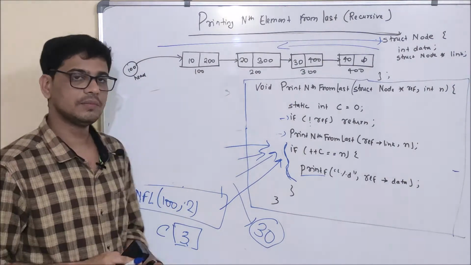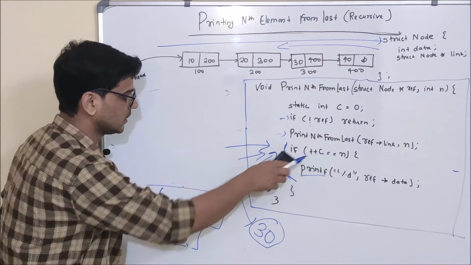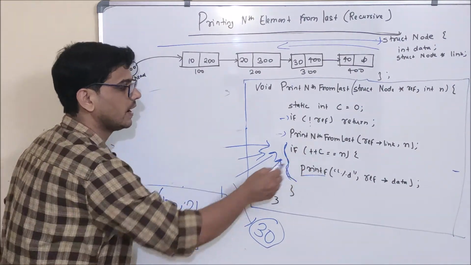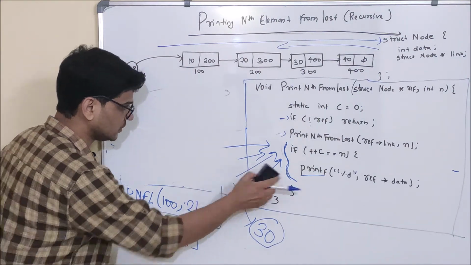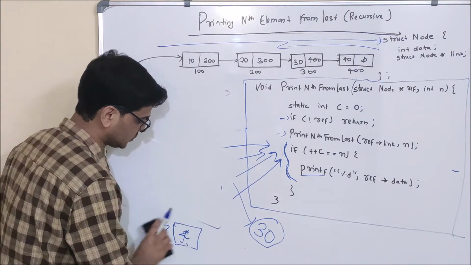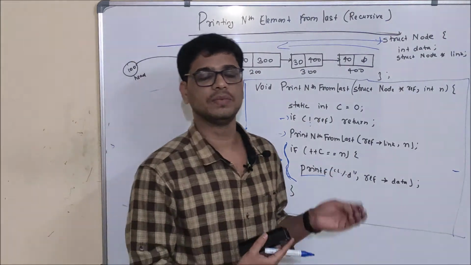And again control will come back to the first function call, and again this plus plus C will execute, so it will be equal to 4 and N will be equal to 2. So not equal, so this line will not execute for this particular function, and this function will also go from the step. So see how this particular program has executed, how simple it is.